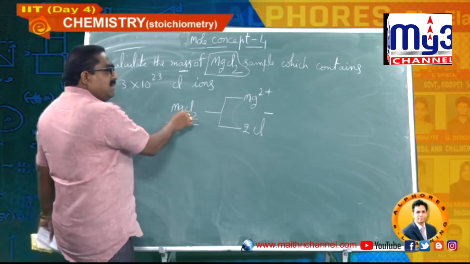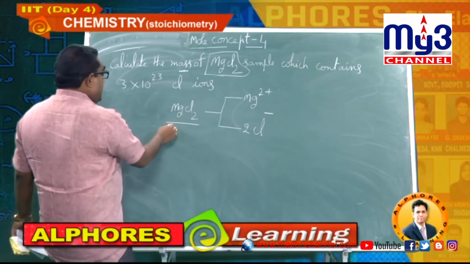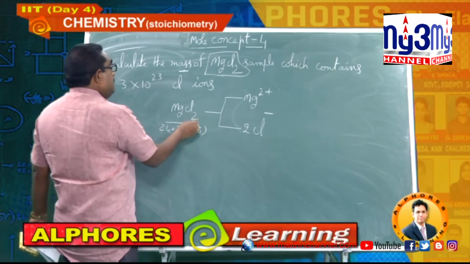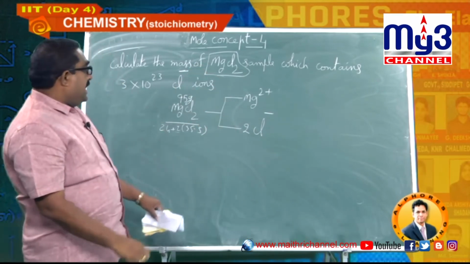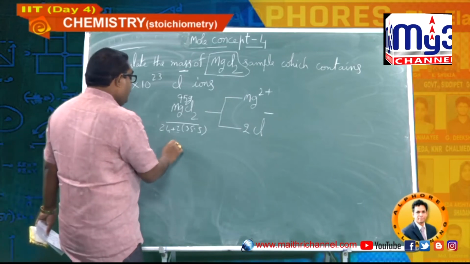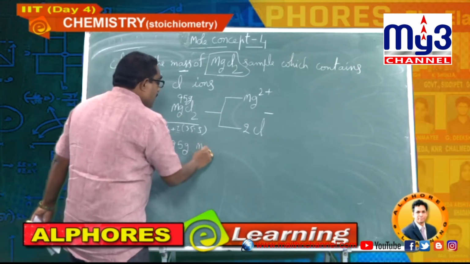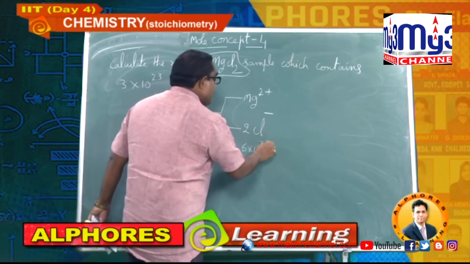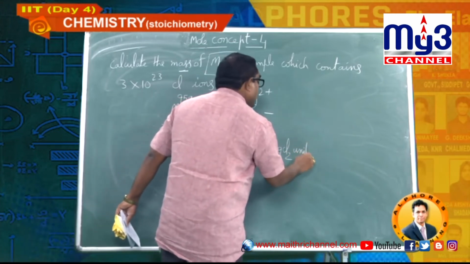Okay, magnesium, that is also the same, by adding respective atomic weights. That is 24 plus 2 into 35.5, that comes to around a total of 95 grams. 95 grams, that is the molar mass of magnesium chloride. Simply we can write 95 grams of magnesium chloride contains 6 into 10 power 23 magnesium chloride units.